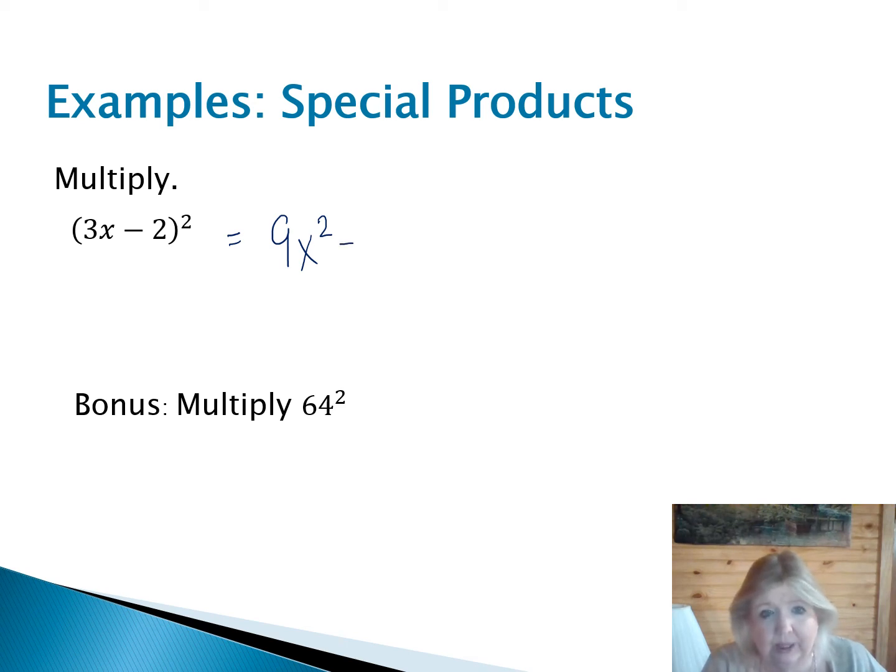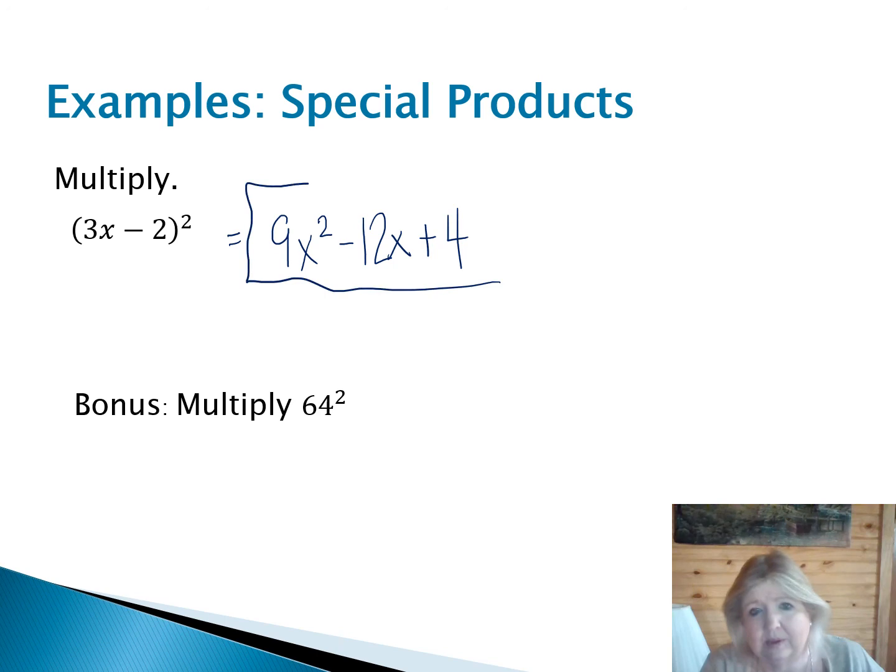And then 3 times 2 is 6. Double that, you get 12x. Then add the back guy squared. 2 squared is 4. Final answer. And this is why some of you are going to be lost in those calculus classes if you don't practice, because the calculus teachers, this is all we've got time for.